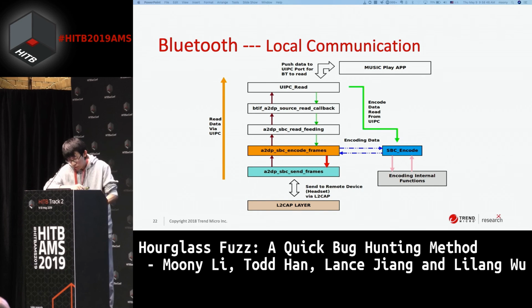Then the data will be read from UIPC and delivered to the SBC encoder. Finally, what is sent is the encoded data. Here, what surprises us is that there is an embedded encoder and decoder in the Bluetooth, the SBC and AAC encoder. And in fact, the SBC and AAC encoder will finally use the UIPC to read data from the local music player.